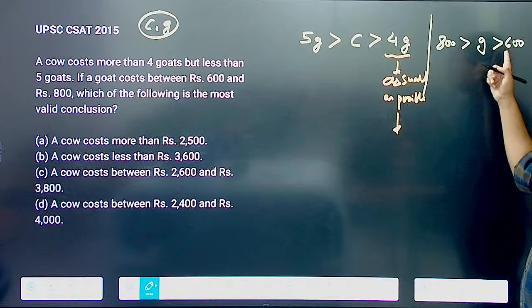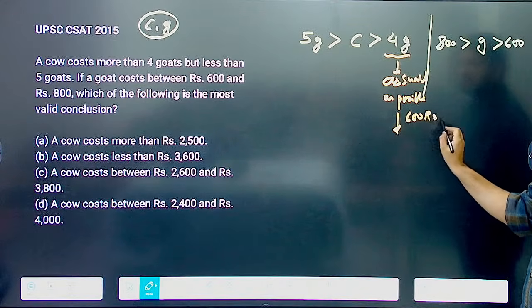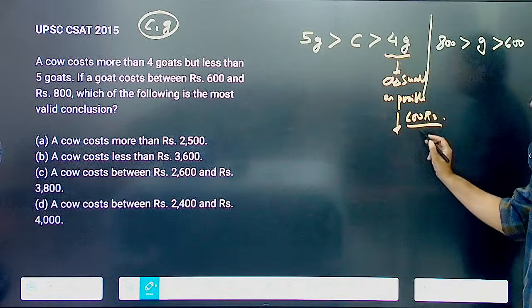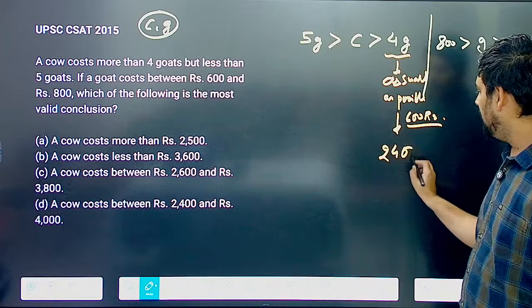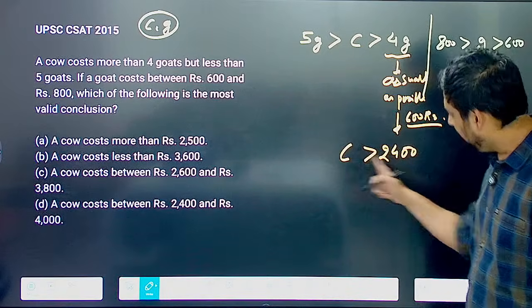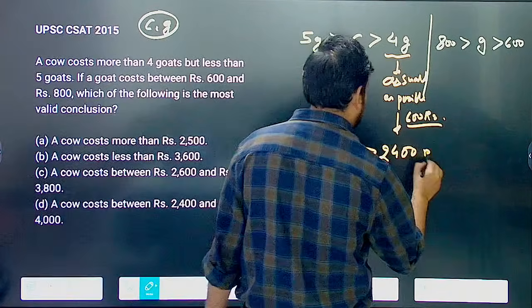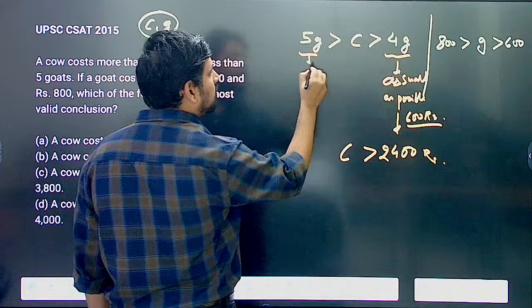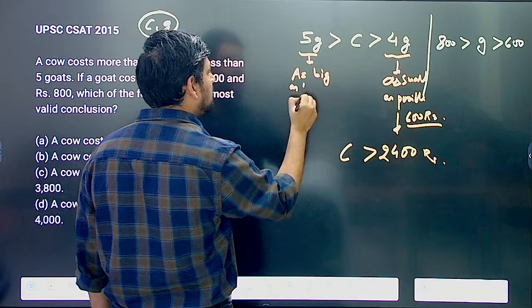You will have to take the cost of goat as the least, which is 600 rupees. So then it becomes what? 4 into 600, 4 goats. So 4 into 600 becomes 2400. So the cow will definitely cost more than 2400 rupees. That's for sure. Then here what should you do? You should go for as big as possible.